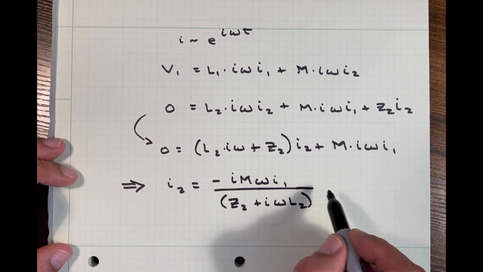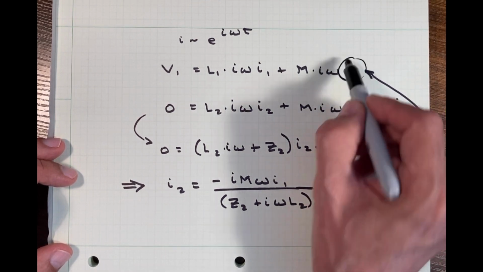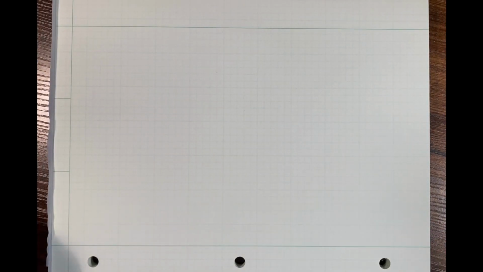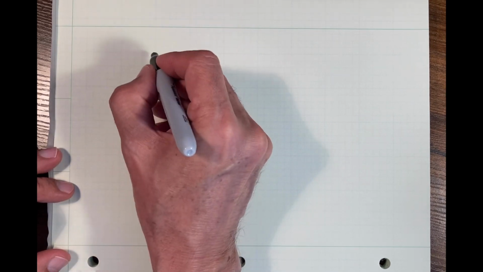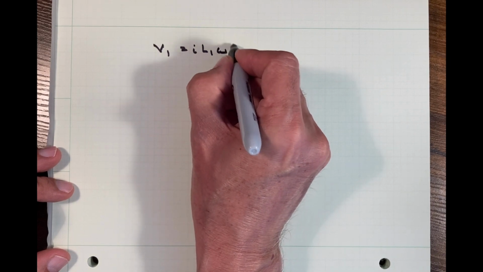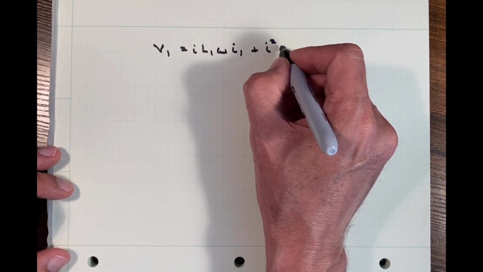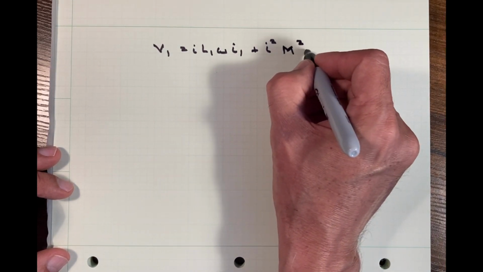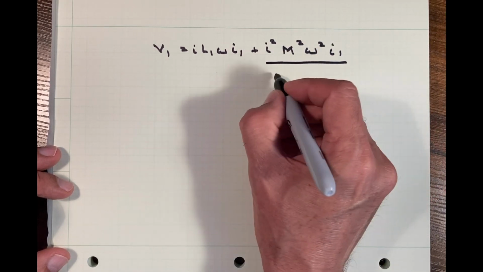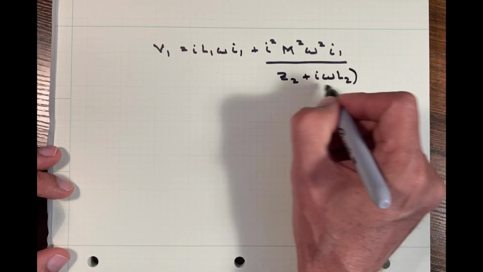Now, with this expression for I2, we can go ahead and insert it in this term. And what we end up with is the following. We say then that V1 equals i L1 omega I1 plus i squared M squared omega squared I1 divided by Z2 plus i omega L2.